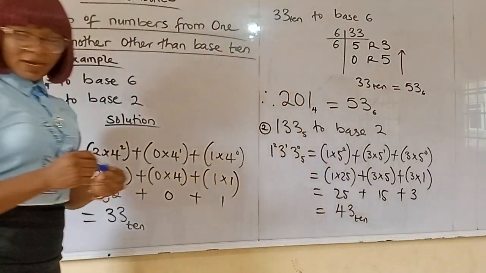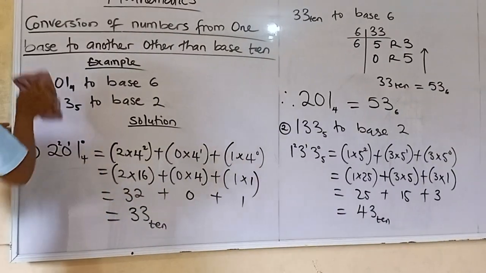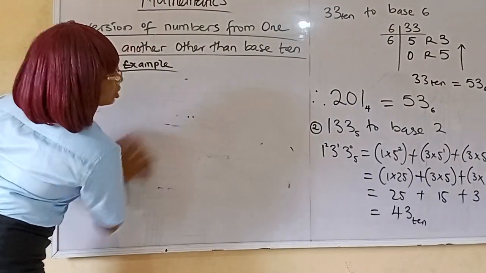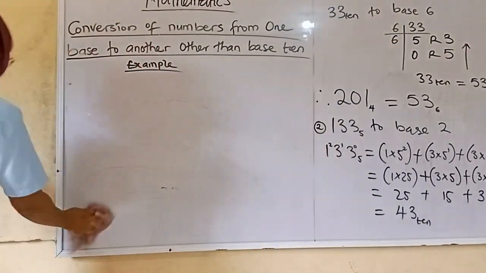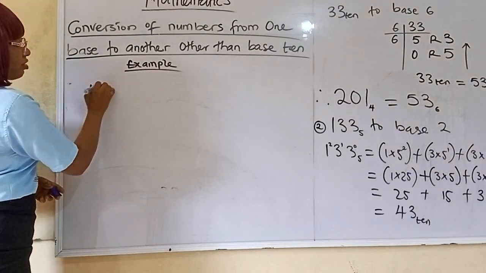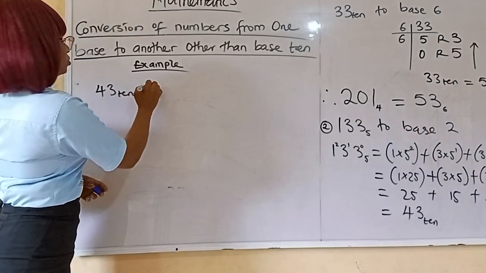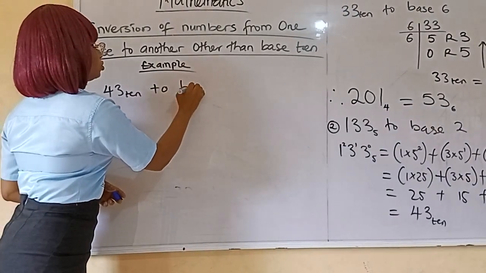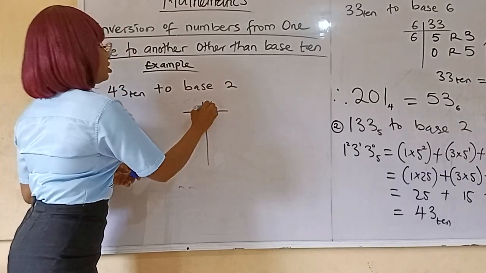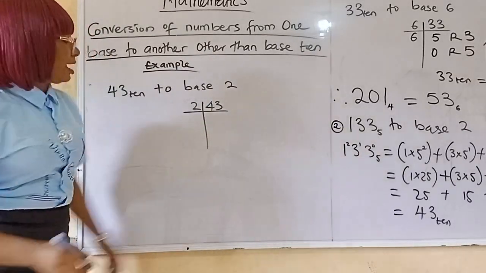After getting the number in base 10, we convert it to the required base, which is base 2. To convert it to base 2, we use the long division method. So 43 base 10 to base 2: 43 will be here and our 2 here. We keep dividing it till the end.